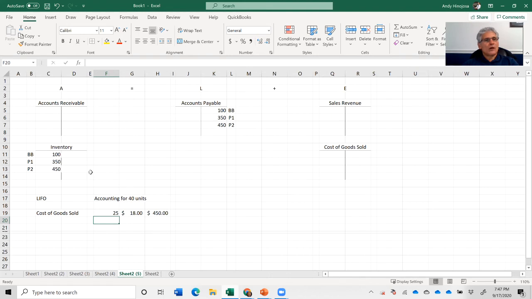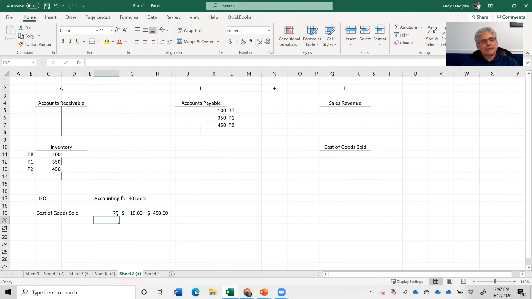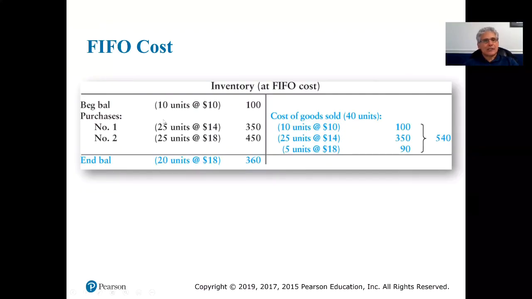Let's go to P1. Remember, we're going backwards now. P2 was the last, and the one before that was P1, and that's 25 units. This 25 units is going to account for the remaining units that we sold. We sold a total of 40. 25 have already been accounted for. We need to account for another 15, and that's included in this 25.